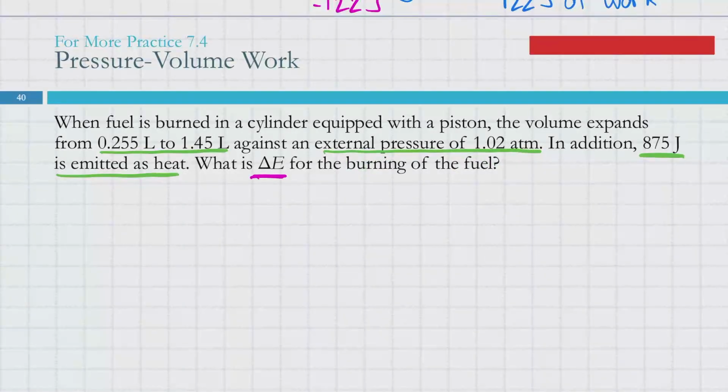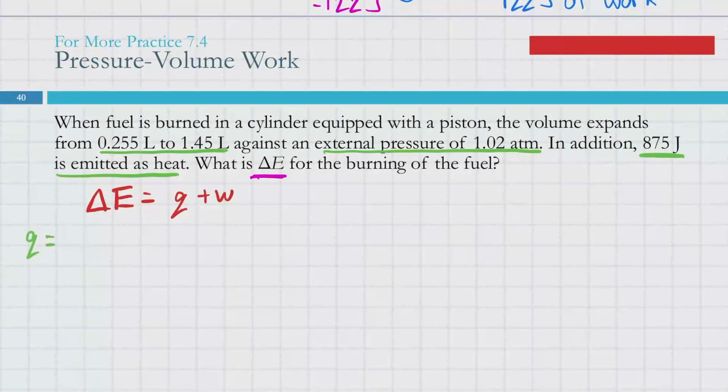So we've got two separate things going on here. It might be helpful for us to remember what delta E is. So E for energy, delta or triangle for the change in, it's our work plus our heat, but our heat is the Q and our work is the W, so I set them in the wrong order. So heat plus work. We were given the heat, it's 875 joules.